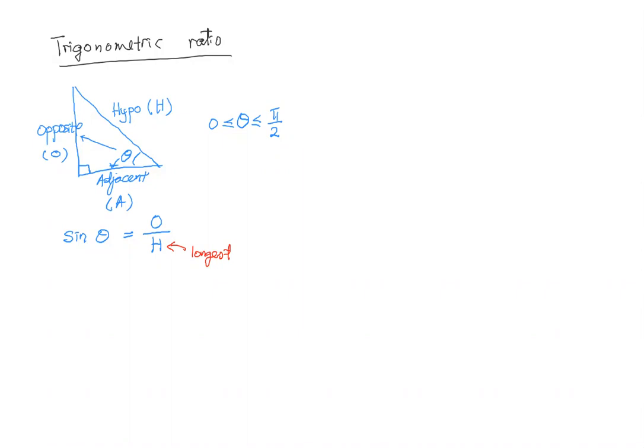So this value is definitely less than or equal to 1. Cos of an angle is defined as adjacent over hypotenuse. Can this value be more than 1? No, also.